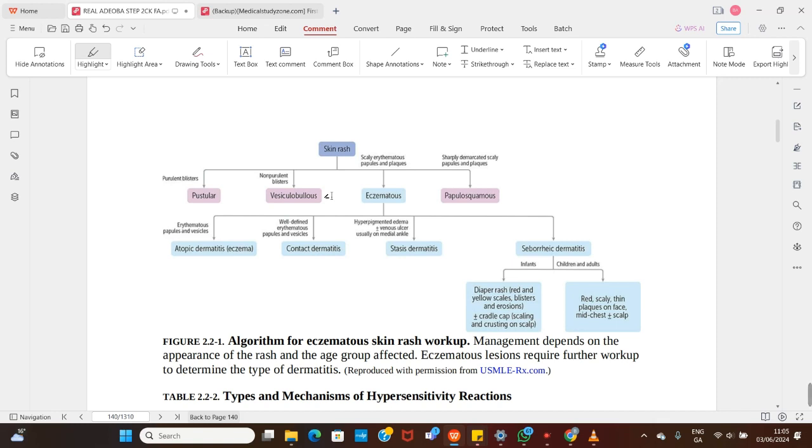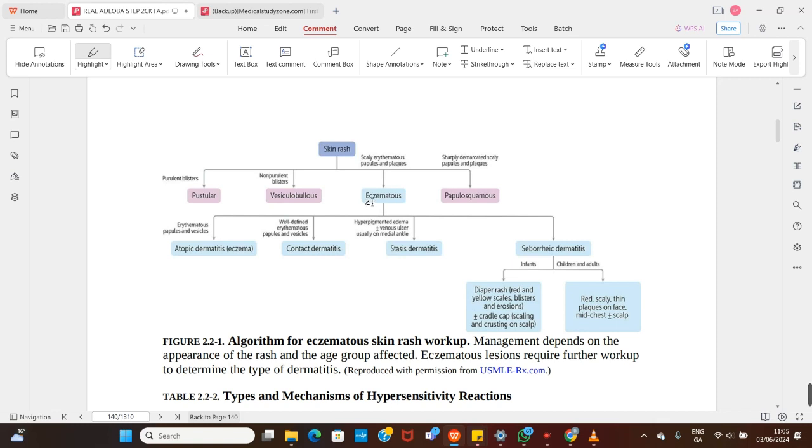And what you should know here is that they are not purulent. They are just blisters, like bullae that are not purulent. So they don't have pus. When they have pus, you call them pustular. When they don't have pus, you just leave them as vesiculobullous. So vesicles like in chickenpox, bullous like in bullous pemphigoid. Sometimes you can have them coexisting, right? They can coexist sometimes.